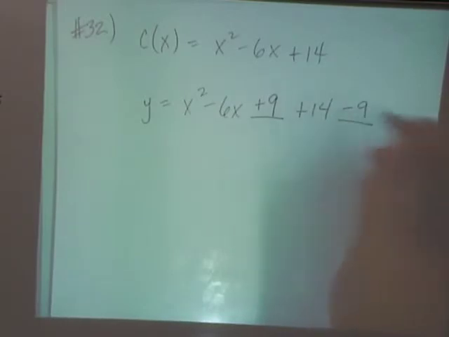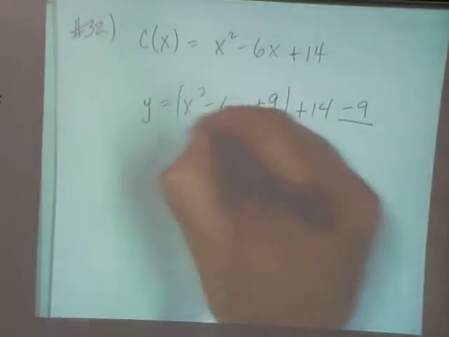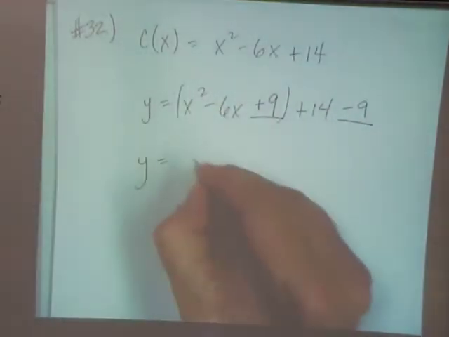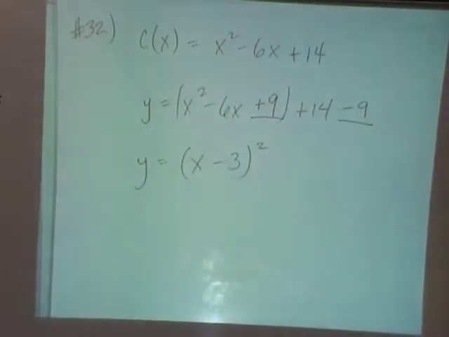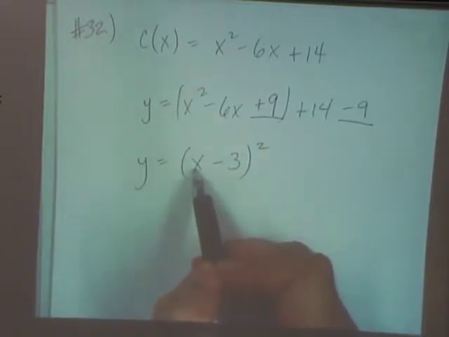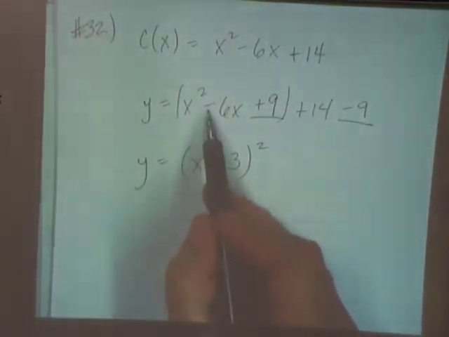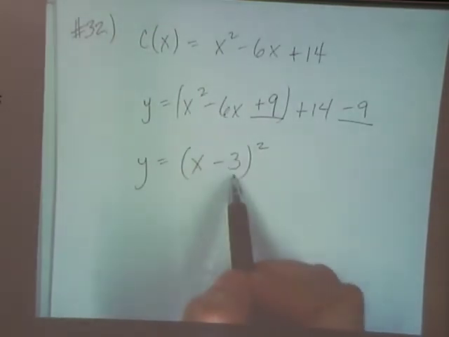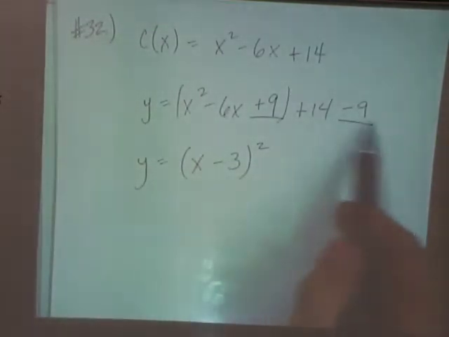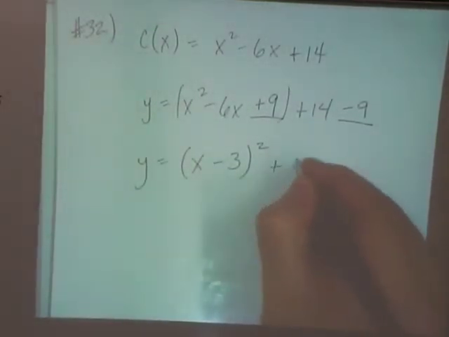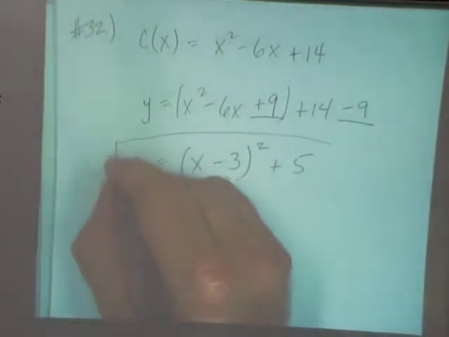Minus 9, I have to keep it equal. So this factors into (x minus 3) squared. Remember, when you're completing the square, if you do it right, you don't even have to think about the factoring. It's just this variable, this sign, and then half of b. This becomes plus 5. We're done.